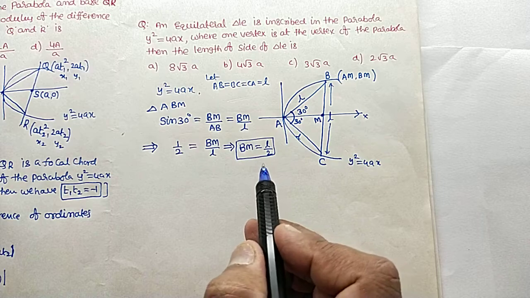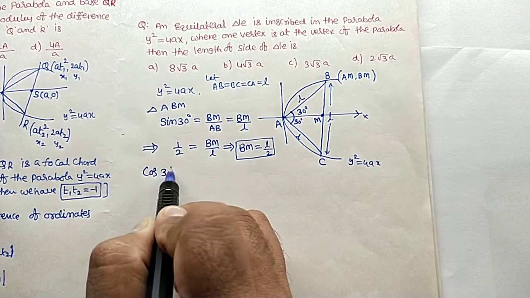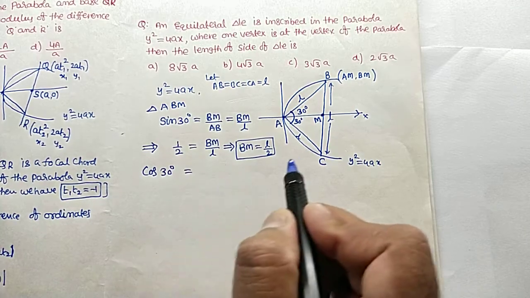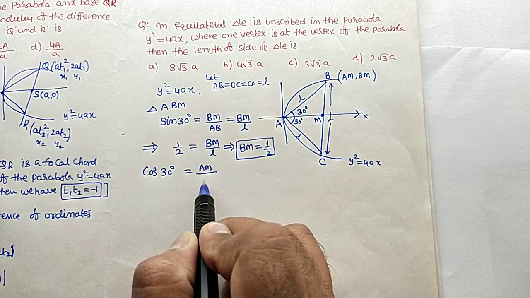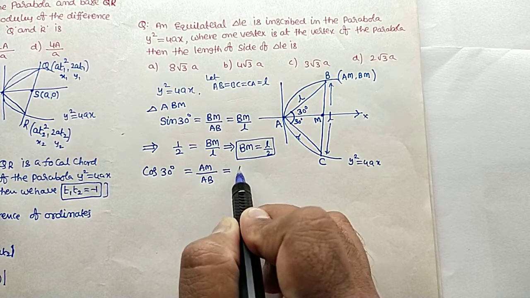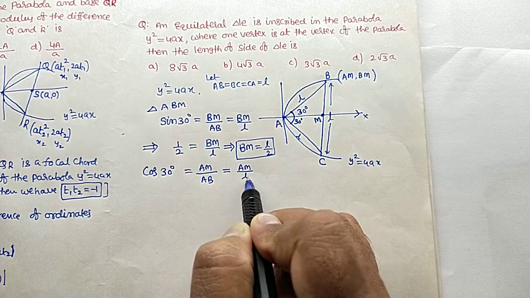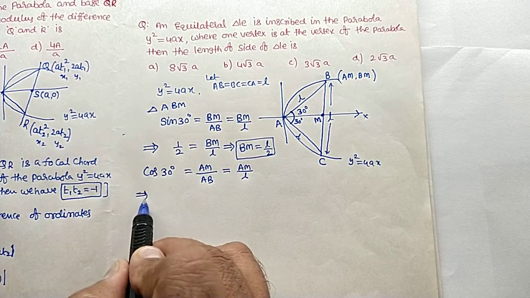Now how to calculate AM? Again from the same triangle, you can calculate cos 30. Cos 30 equals adjacent side AM divided by AB, that is AM by L. Now cross multiply. What is cos 30? Root 3 by 2.